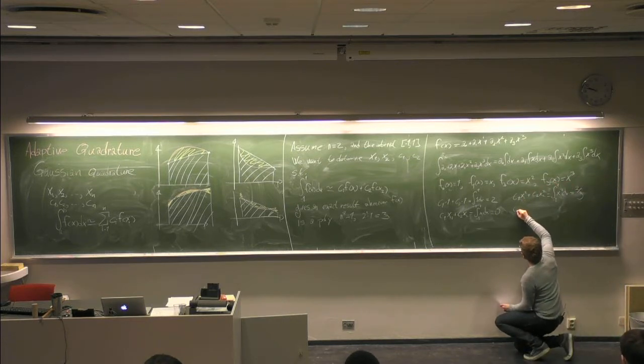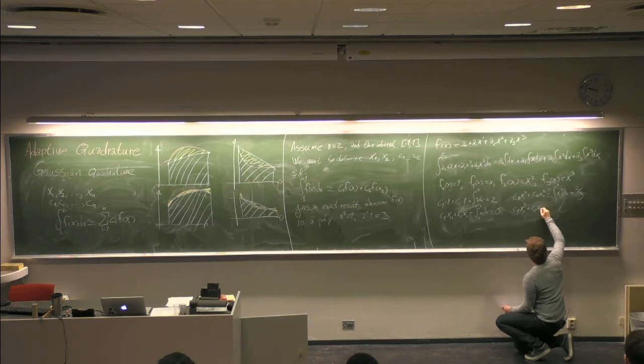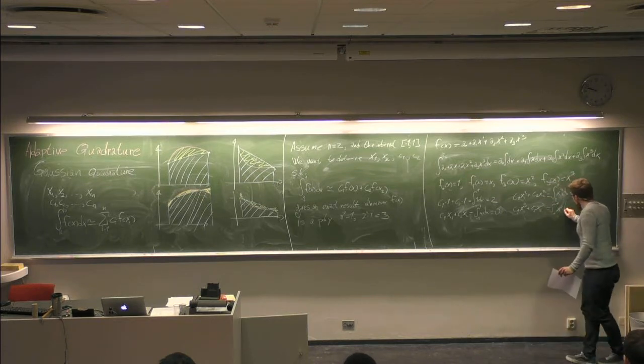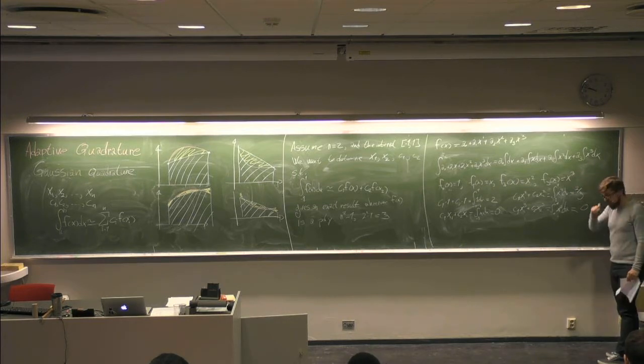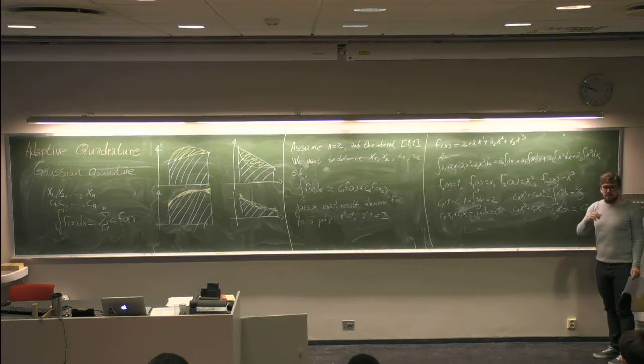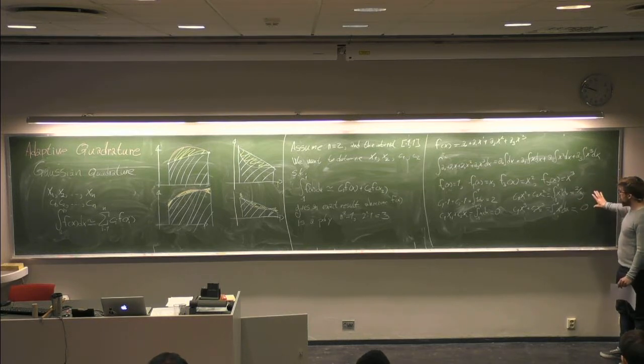And then the last one, C1 x1 to the power of 3 plus C2 x2 to the power of 3, equals the integral of x to the power of 3 dx, which equals 0. So now we have 4 unknowns, which are C1, C2, x1, and x2, and we have 4 equations. So we can actually solve this.